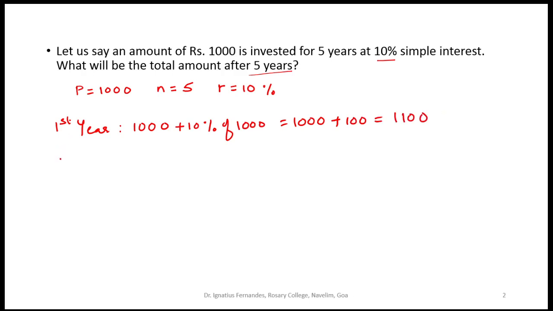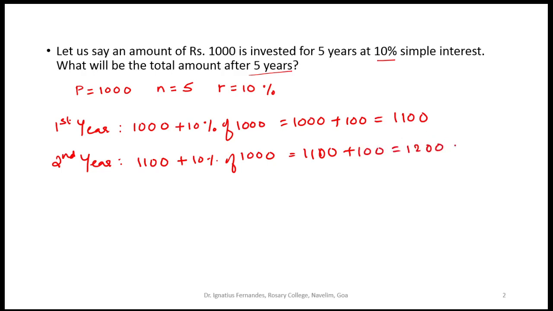Then again at the end of the second year, to this 1100 we again add 10% of the principal amount, that is 1000. So I have 1100 as it is, and we again add 10% of 1000, which is 100. So the amount that I'll get is 1200.